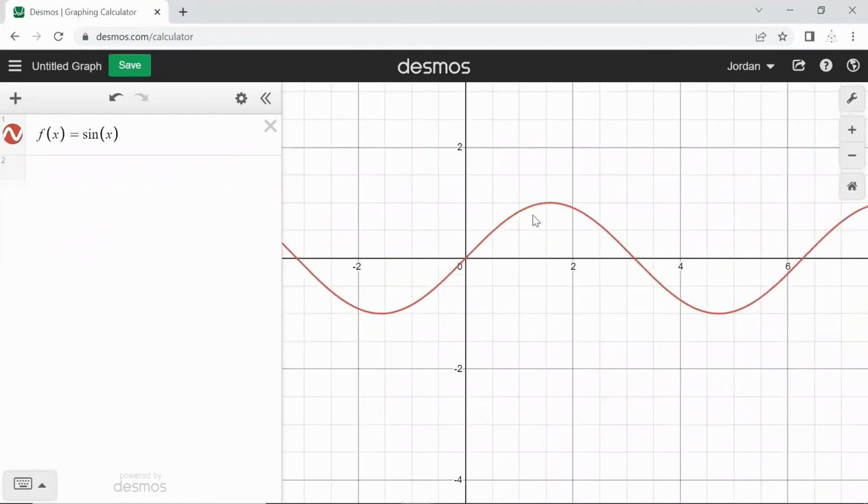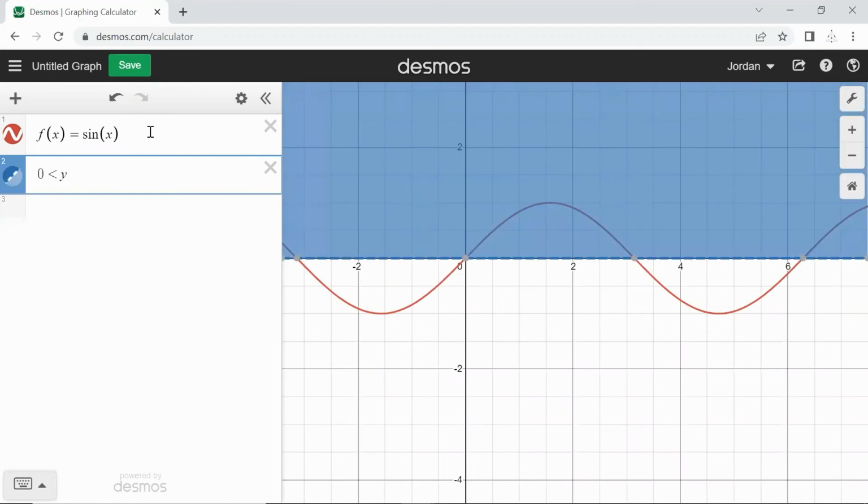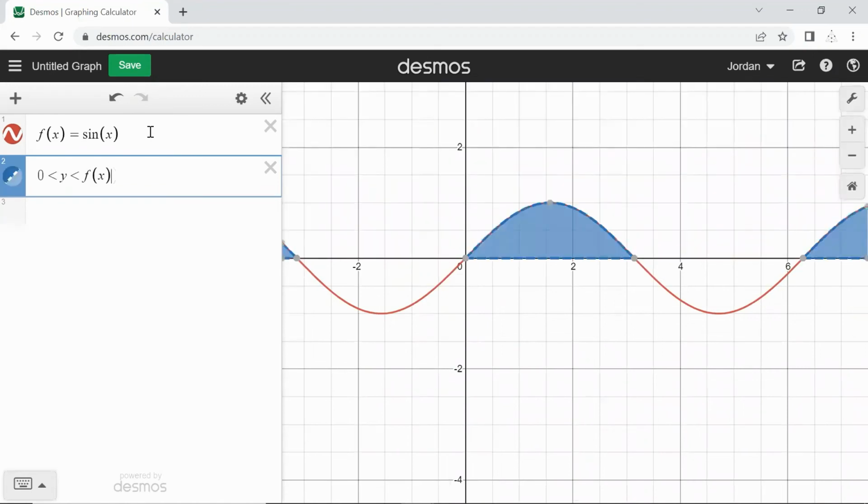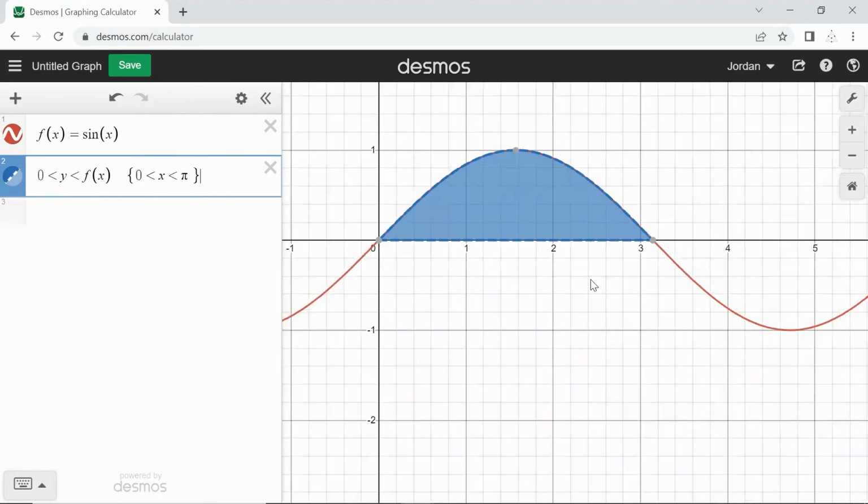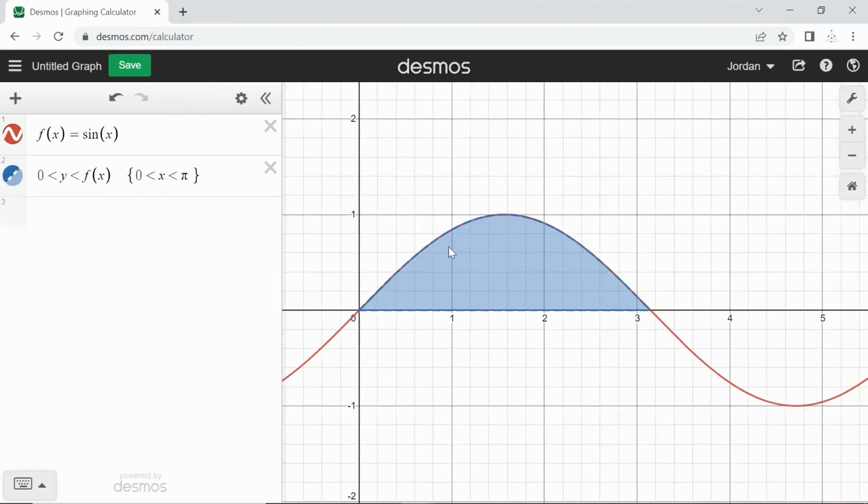So the area under this weird rolling curve from 0 to pi, that shape has a signed area of 2.